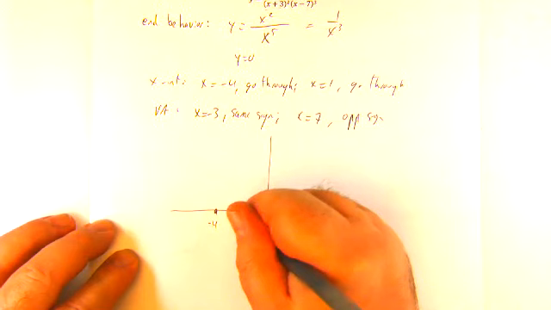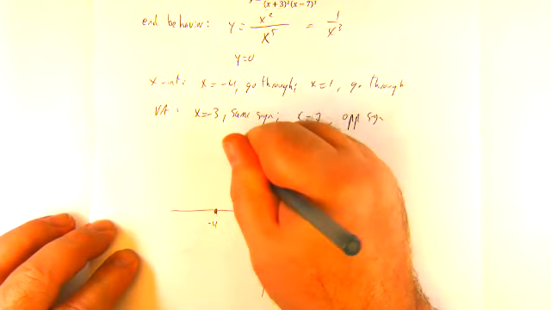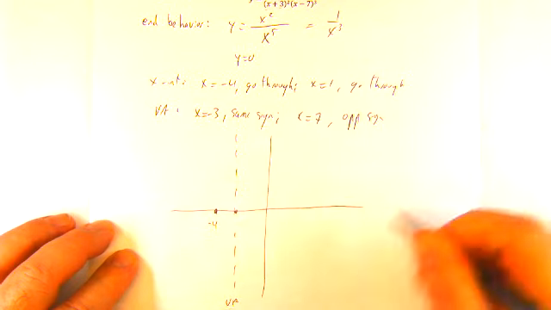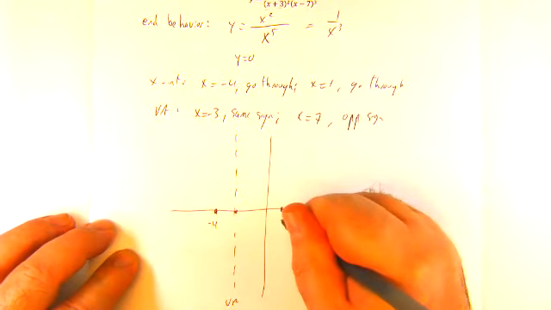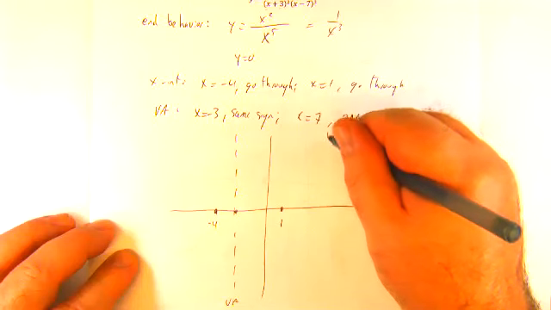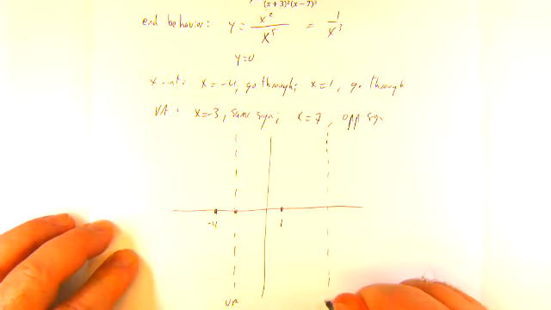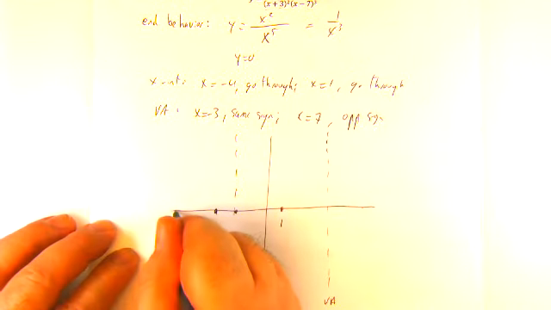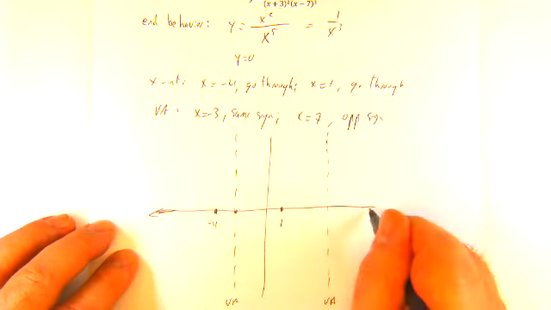We've got a vertical asymptote at -3. We've got an x-intercept at 1, where we'll go through, and we'll have a vertical asymptote at x equals 7. And then our end behavior is the x-axis. So end behavior is this.